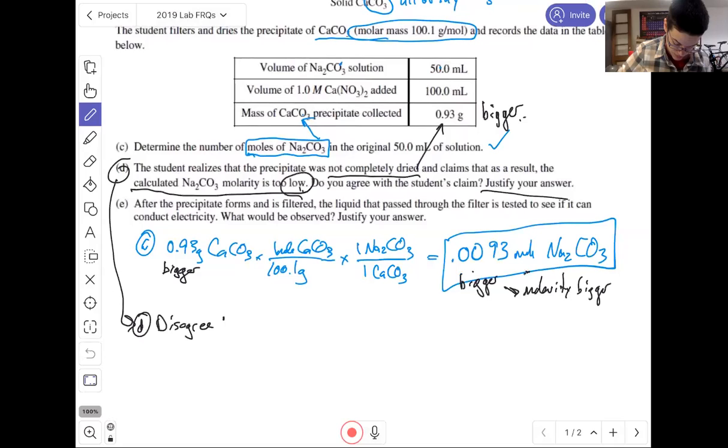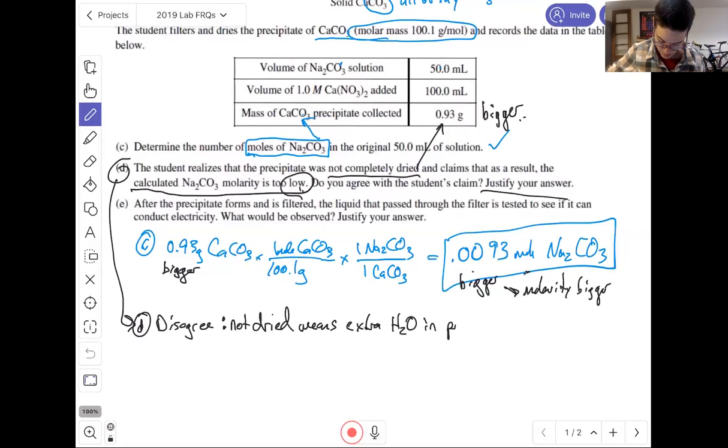The reason we're going to say that we disagree is that not dried means extra water in the precipitate mass.